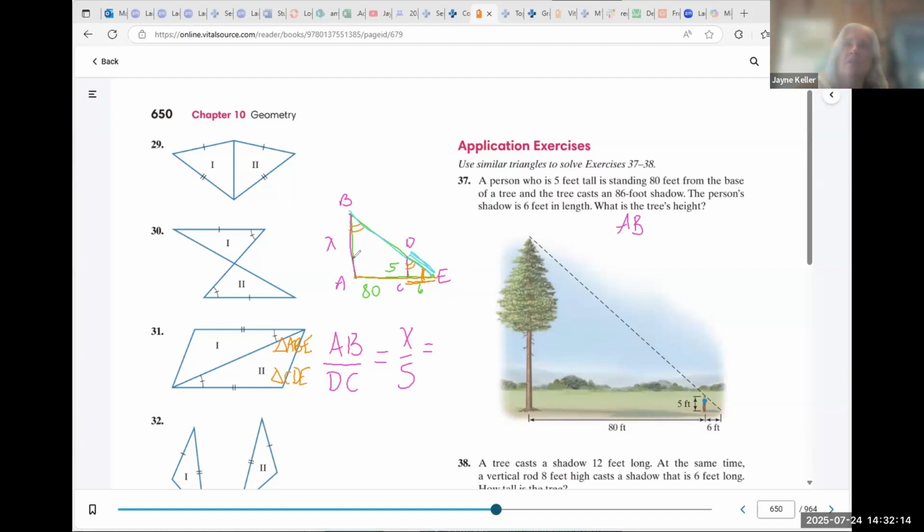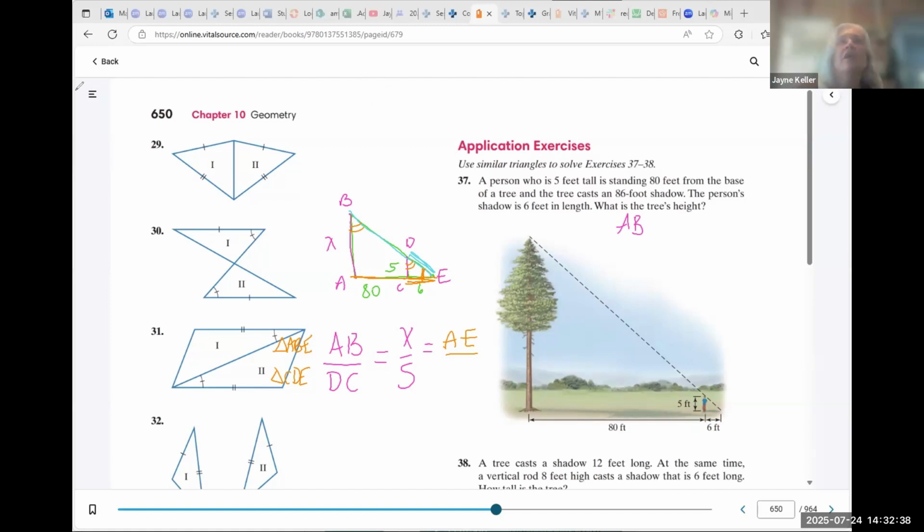In the bigger triangle, this angle is opposite this side, AE. What about in the smaller triangle? Is it DC or AE or DE?